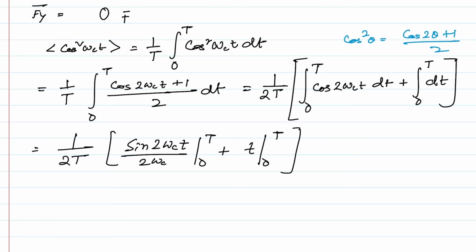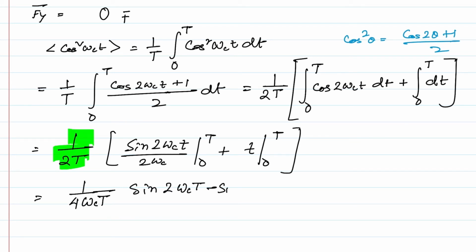So using the upper limits and lower limits, you can now multiply with both the terms. If you multiply, then what you will get here is 1 by 4 omega c T, then sine twice omega c capital T minus sine 0, then plus 1 by 2T into T minus 0.